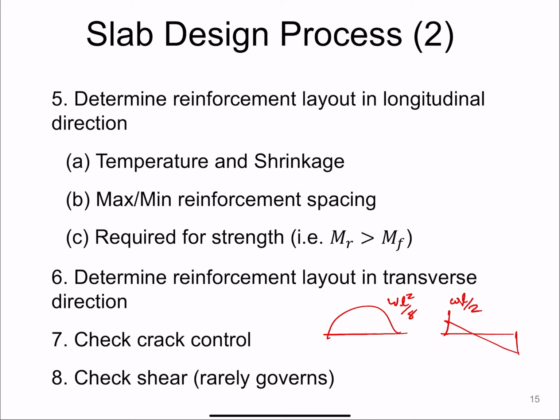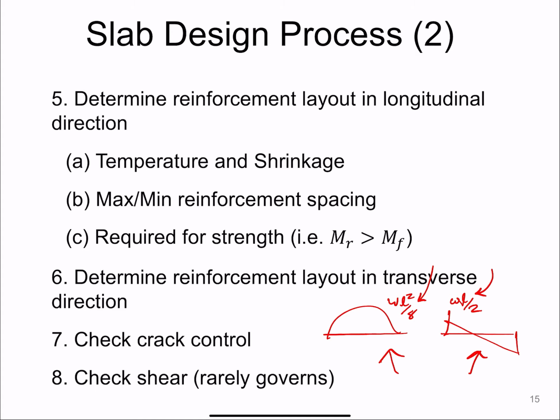So in the moment diagram, the moment is increasing with the square of the length, and in the shear diagram, the shear is increasing with only the first power of L. So the moment increases more as you increase the length. So in longer elements, the moment is usually more of a concern than the shear.